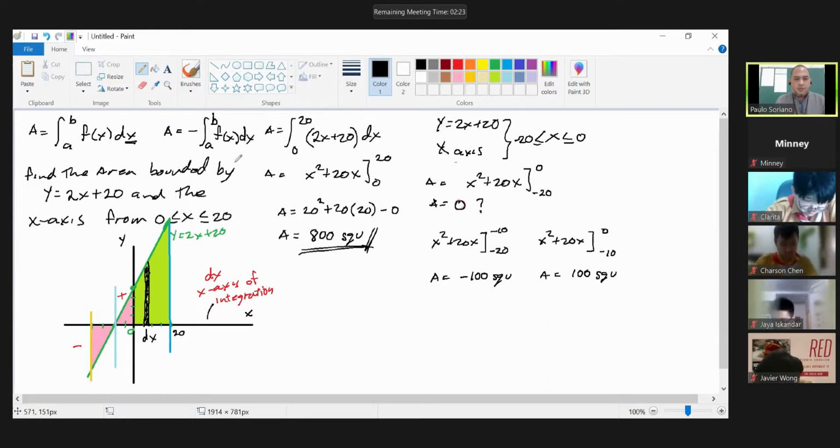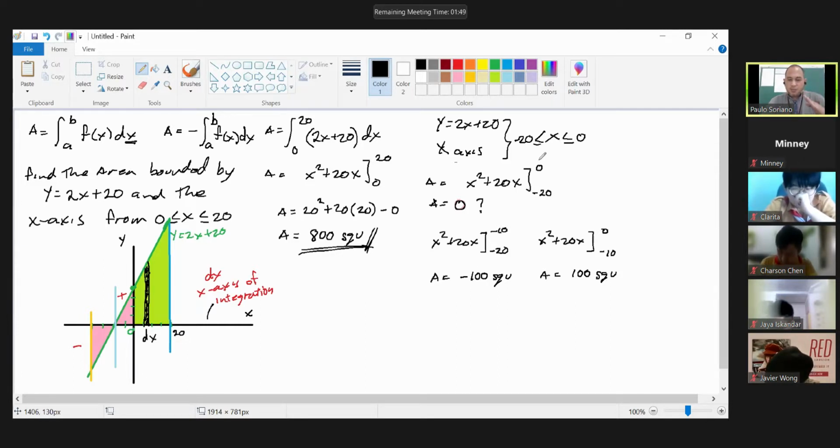I use this if I see that the area is below the axis of integration, and you use the positive one if you see that the area is above the axis of integration. Clear? You understand? So it is not correct to integrate it directly from negative 20 to 0. You understand?